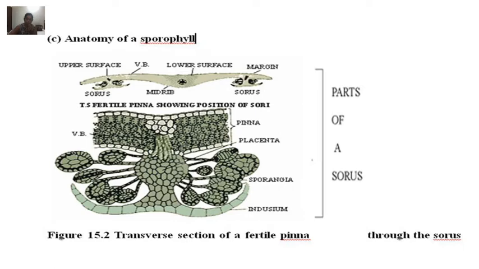The central portion in between these two epidermis is comprised of the chlorophyll tissue, and in the midrib region the vascular bundle is there, which is the simplest type.